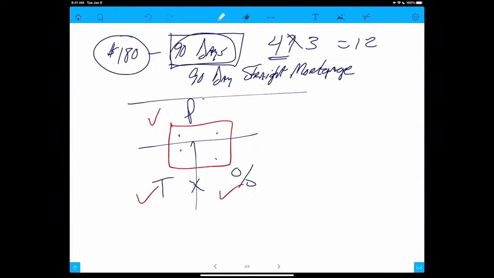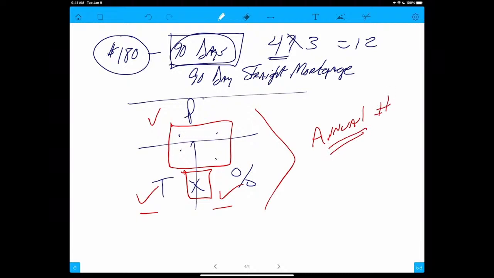If you have both on the bottom, your math symbol says to multiply. However, there's one other unique thing you have to remember about this T problem. Everything must be converted to annual numbers. Very, very important that we have annual numbers.